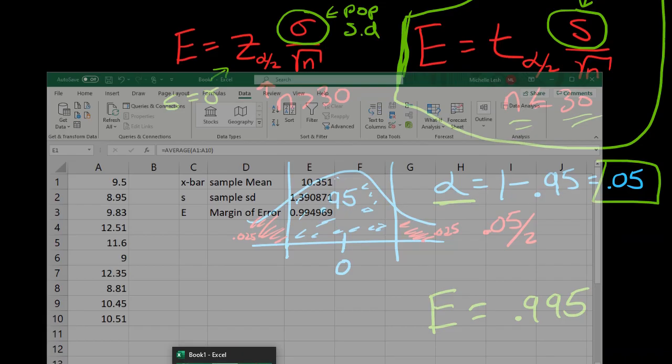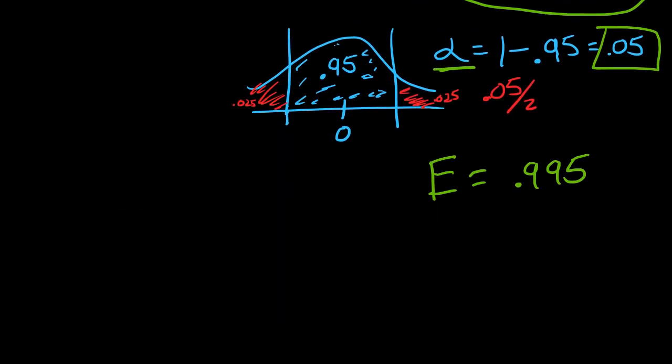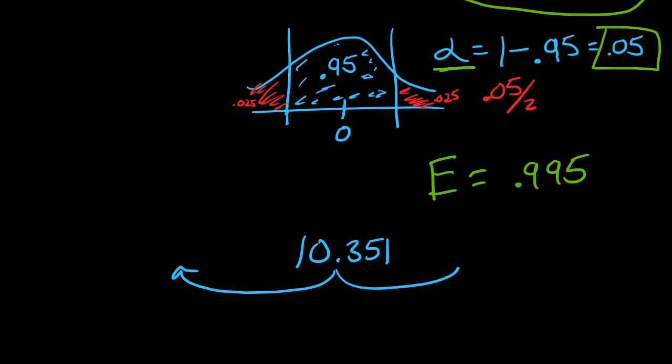All right, so let me go ahead and write that down. The sample mean was 10.351, and we want to travel below and above the sample mean by 0.995. So I basically need to add 0.995 to the mean and subtract it from the mean.